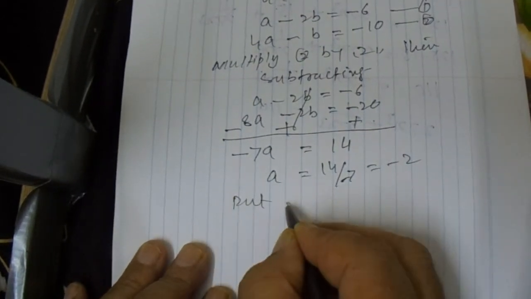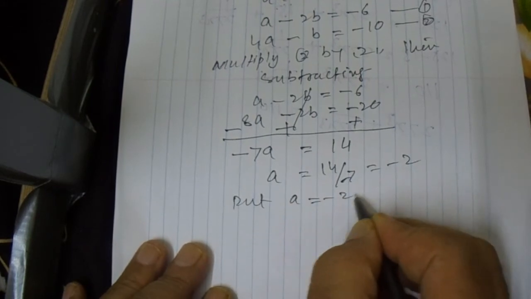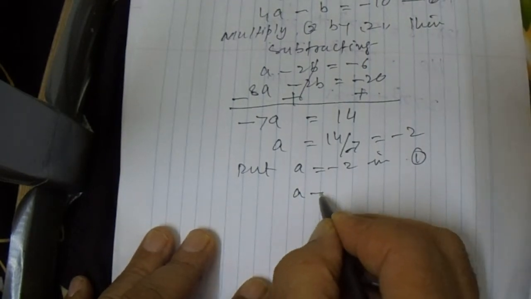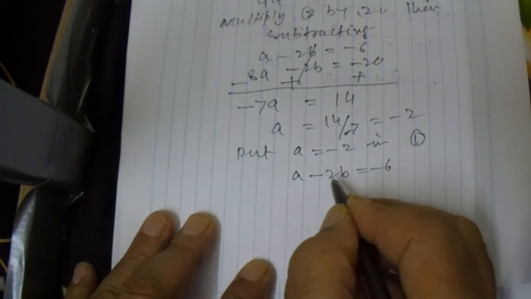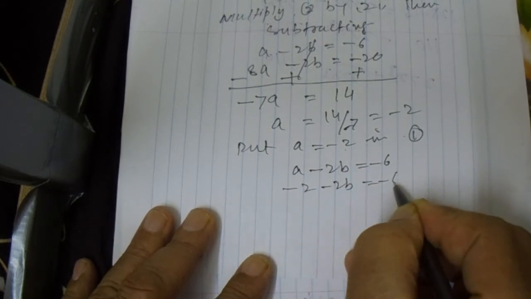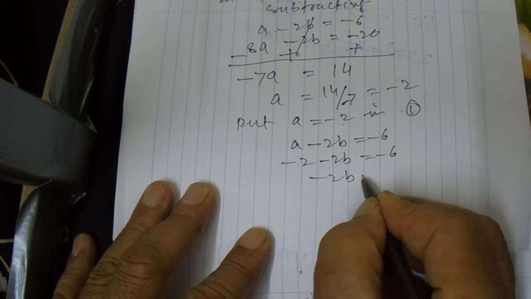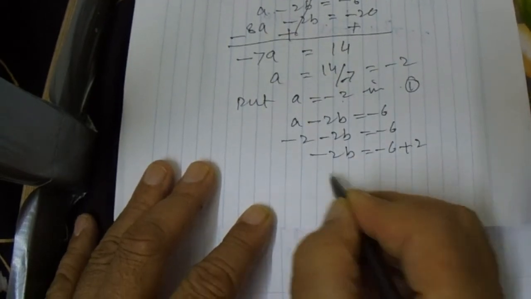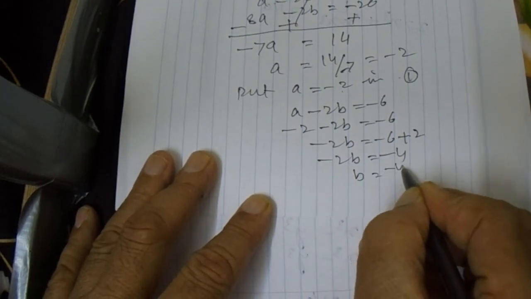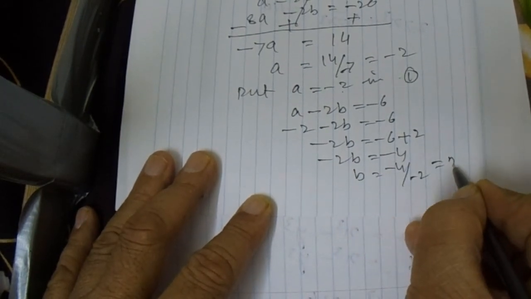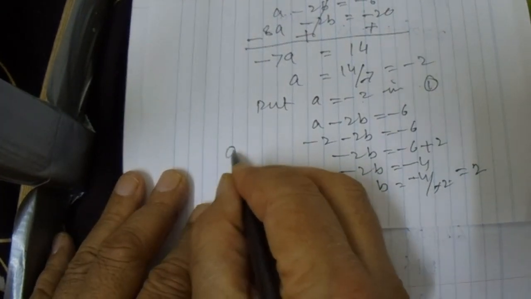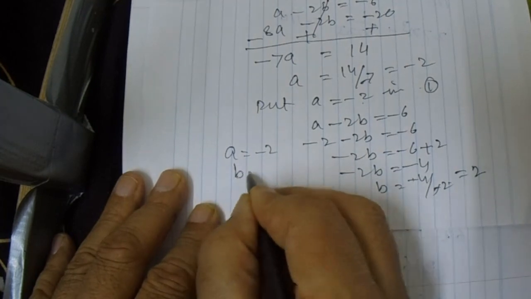Put a = −2 in equation 1: a − 2b = −6, so −2 − 2b = −6. −2b = −6 + 2. −2b = −4, and b = −4/−2 = 2. Now here a = −2 and b = 2.